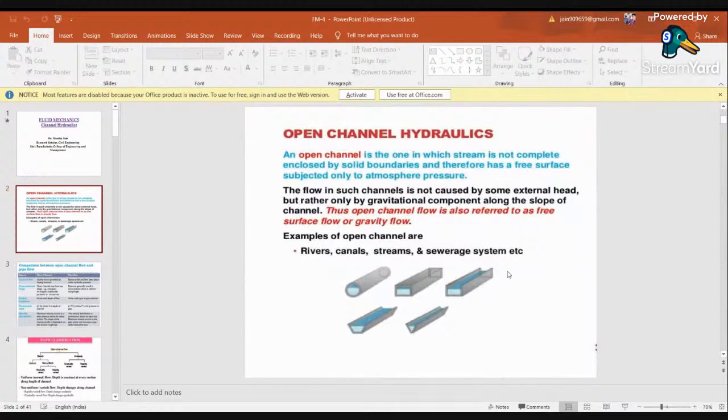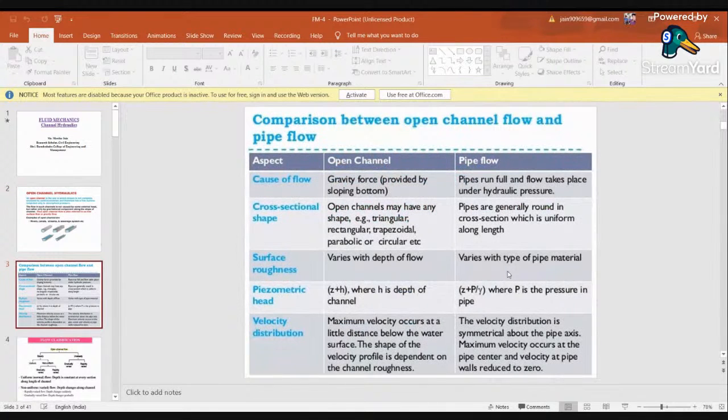As you can see in this figure, an open channel may have any sort of shape. But pipe flow is generally circular or uniform along the length. Then surface roughness. In an open channel, the surface roughness varies with the depth of flow, but in a pipe it varies with the type of pipe material.